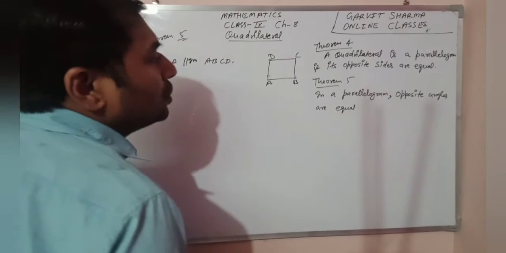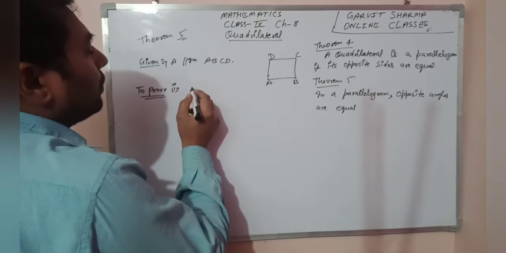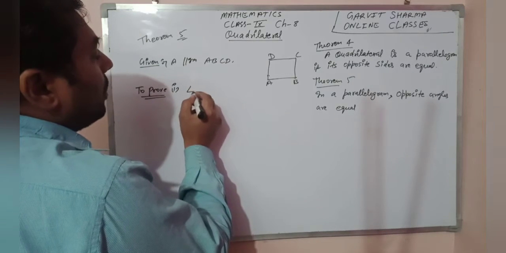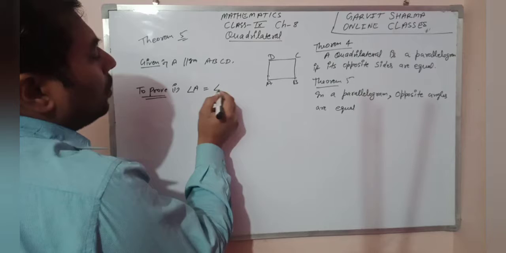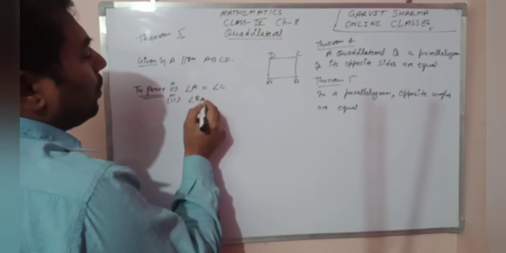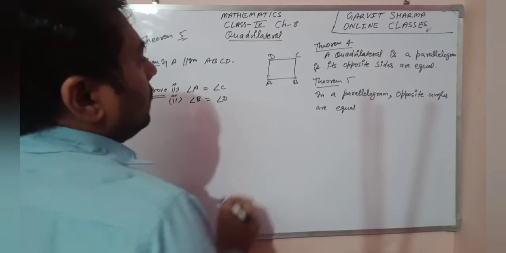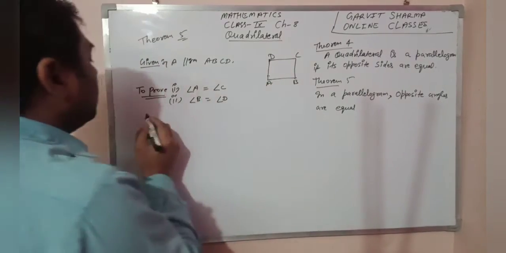We have to prove that opposite angles are equal. Two things we will have to prove. First, angle A is equal to angle C, and second, angle B is equal to angle D. Okay, let's see the proof.